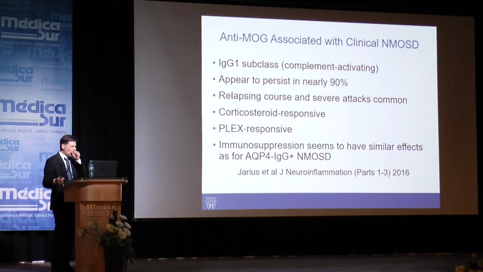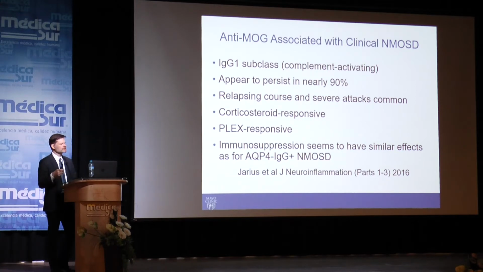But so far, what we see is that complement is important in this disease. The antibodies persist in most patients. It's actually not a monophasic disease. It usually relapses, and sometimes the disease is as severe as aquaporin 4 disease. It responds to steroids, plasma exchange, and immune suppression.